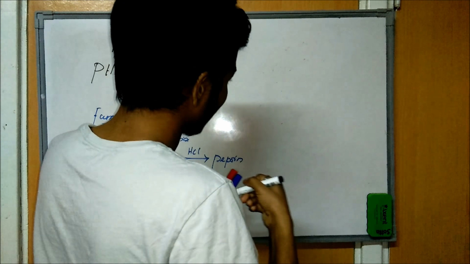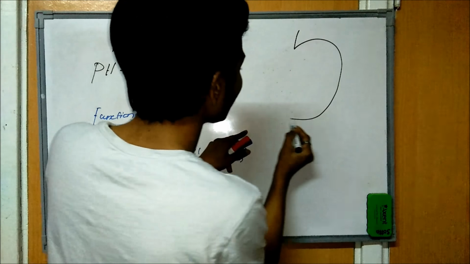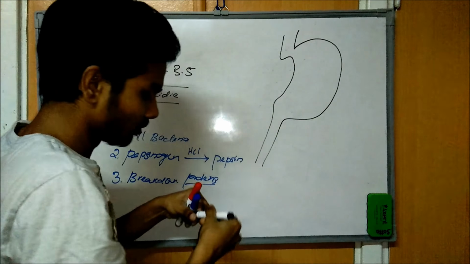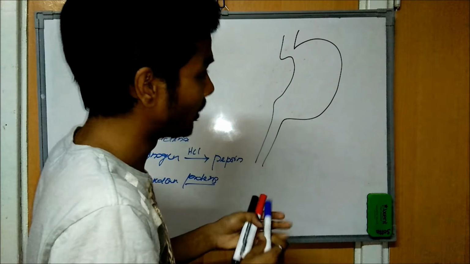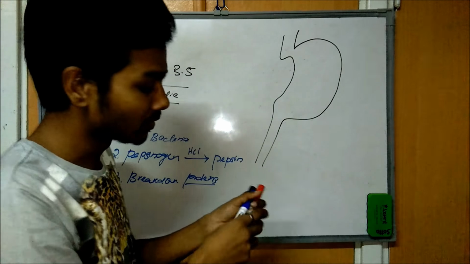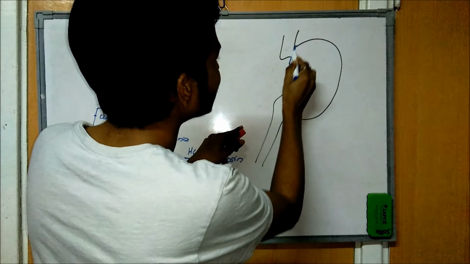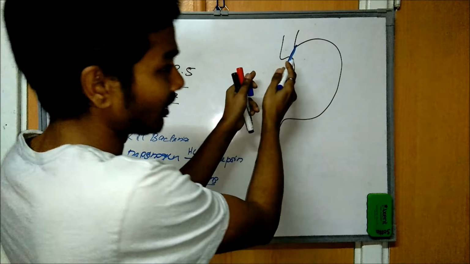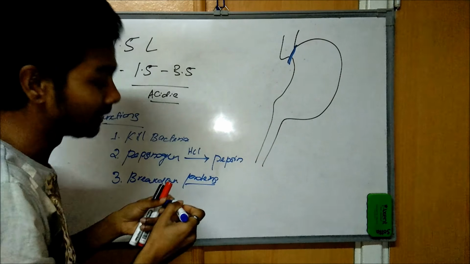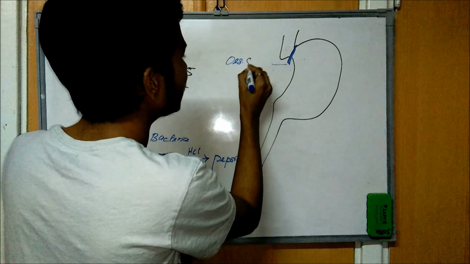When we look at the stomach, we have two main sphincters. Sphincters are like valves, used to close the opening. Where the esophagus and the stomach join, we have a sphincter called the esophageal sphincter.